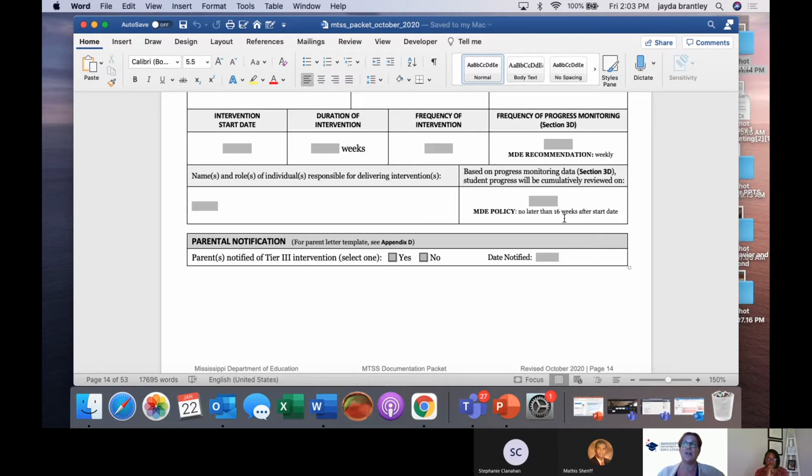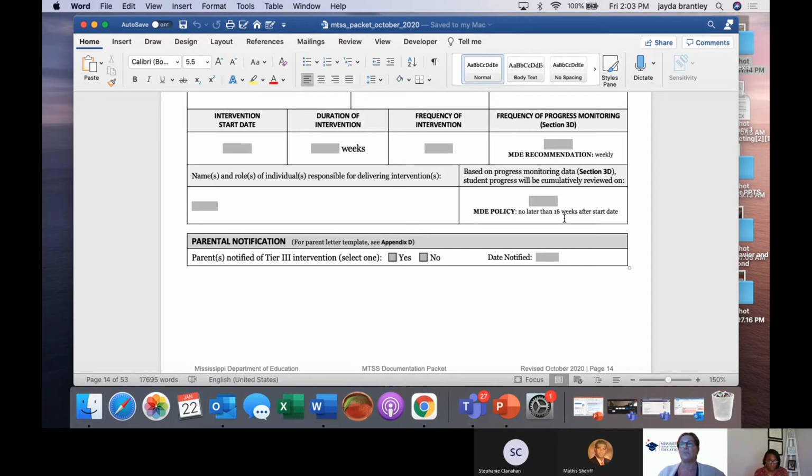We may say this child's doing so well that we can move them back to tier 2. A child could be moved from 3 to 1 if your team makes that decision. Now, that's not really something I see very often, because data really doesn't usually support that. But you guys can make those decisions, because the tiers are fluid. We can move in and out.